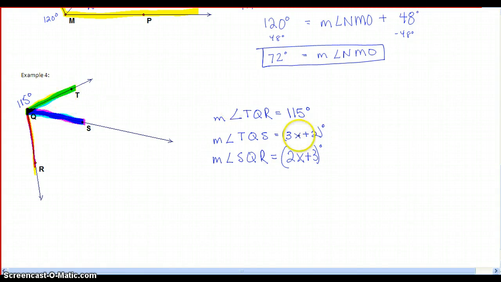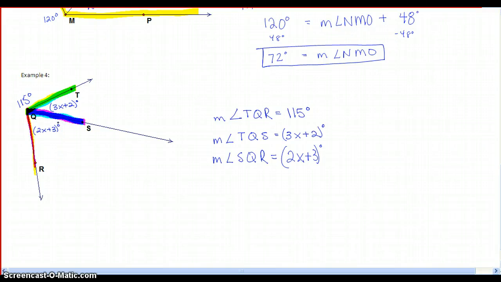So whenever you find out what their measures are, you write them. So I'm going to write this one as 3x plus 2 degrees, and I write this one as 2x plus 3 degrees.